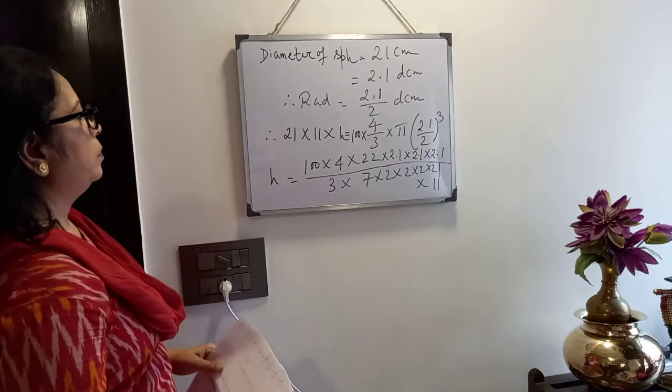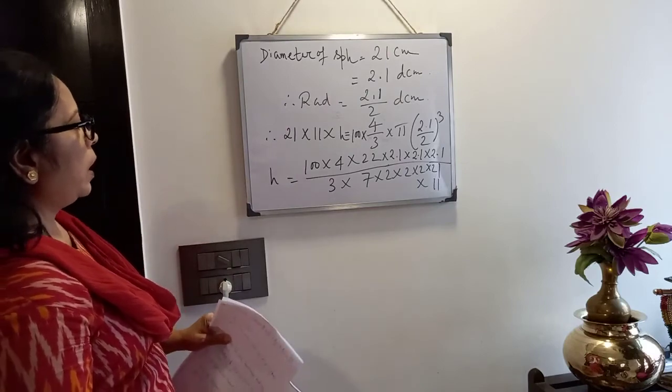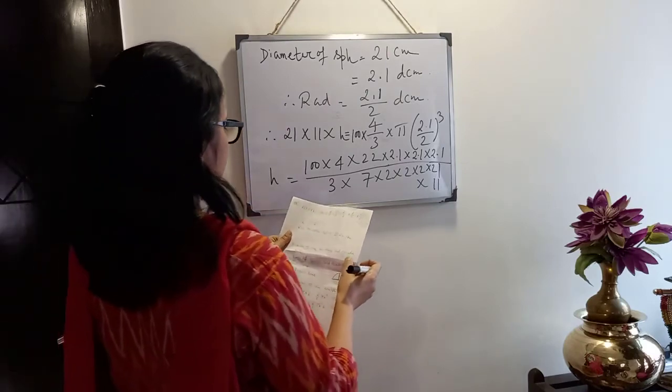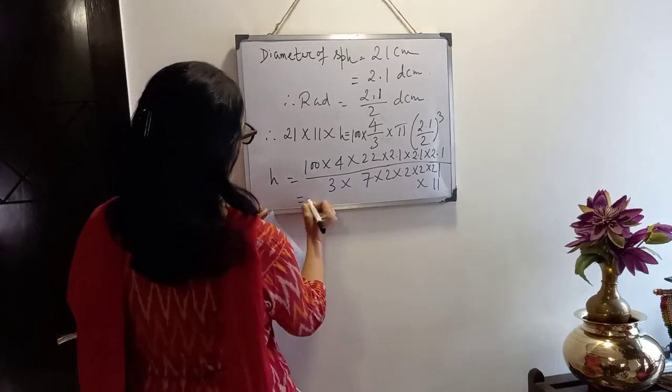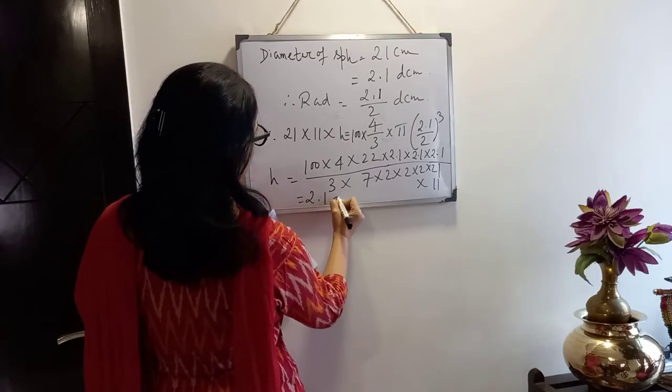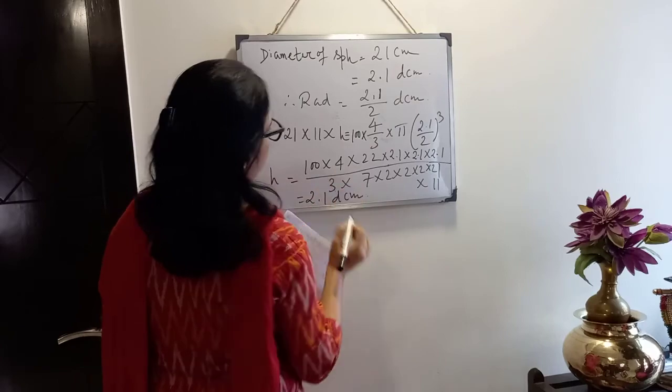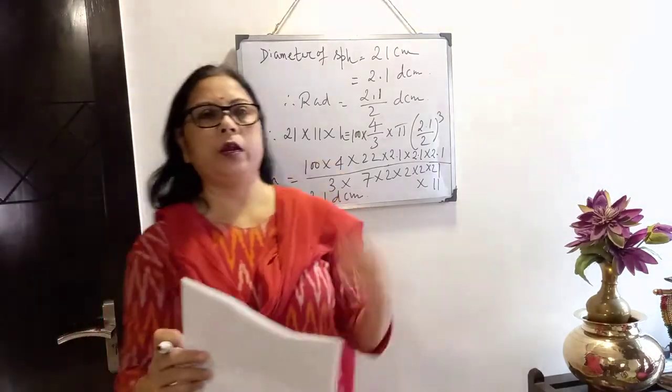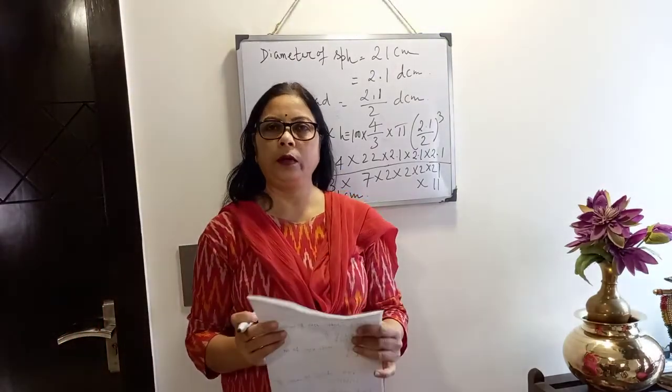Clear? Now we will calculate. After calculation, it is coming 2.1 decimeter. So your answer will be rise of water level is 2.1 decimeter.